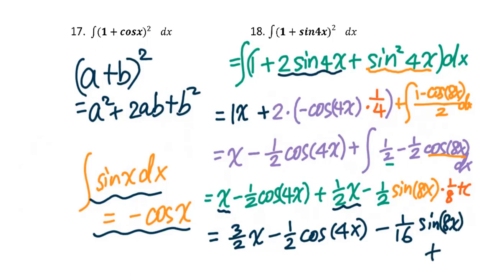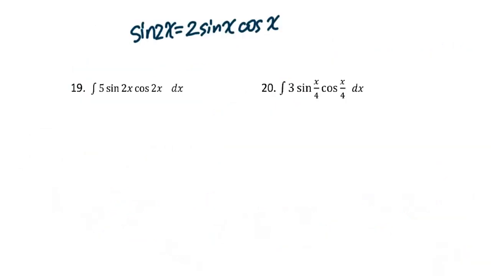We know sine 2x equals 2 sine x cosine x. Then we can do the backwards. That will be sine x cosine x equals 1/2 sine 2x.